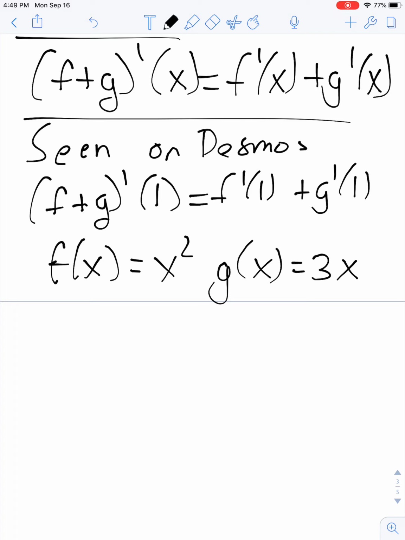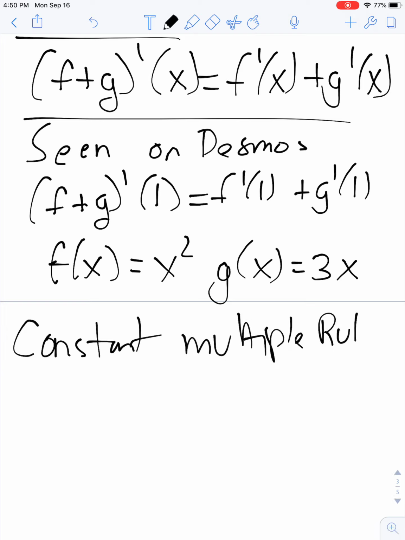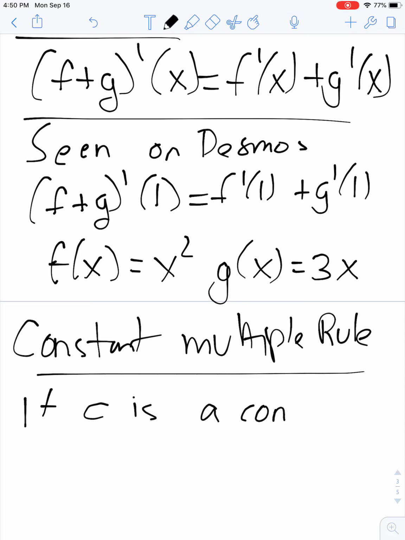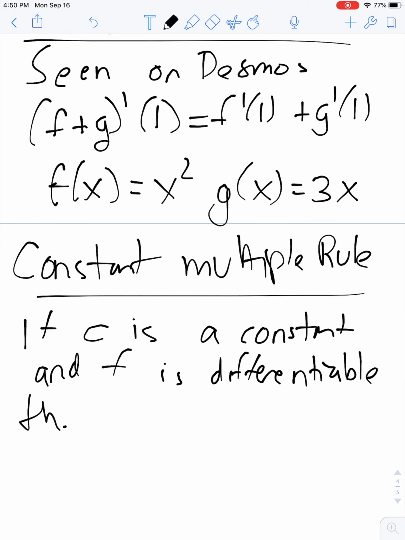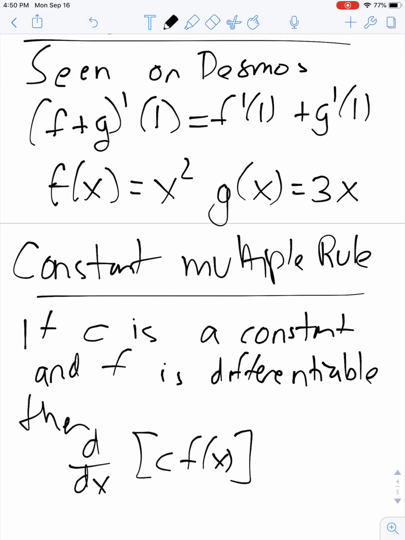The second rule, and again, I'm not going to go through the proof of this, is called the constant multiple rule. What the constant multiple rule says is, if c is a constant and f is differentiable, then the derivative of c times f of x is equal to the constant times the derivative of f of x.